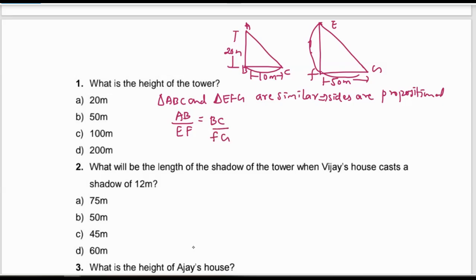Now write the values. AB is 20, EF we don't know, we'll keep it as it is, that is the height. Then BC is 10 and FG is 50.